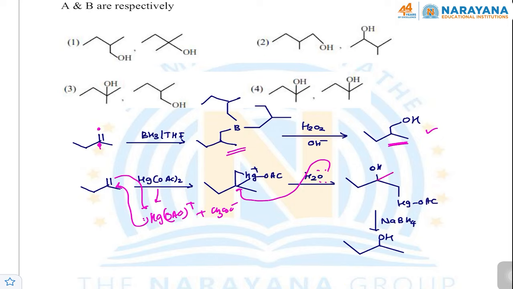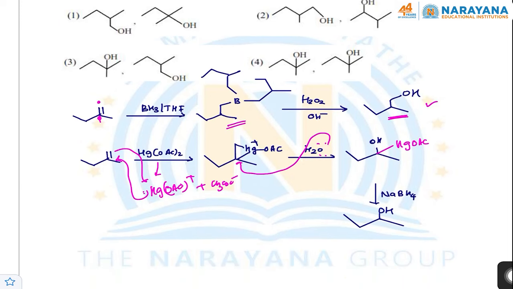So water will attack here, and we will have HgOAc here. In the next step, NaBH4 reduces this species, removing the mercury, and this intermediate gets converted to the corresponding alcohol.